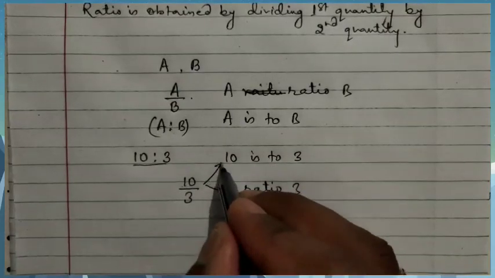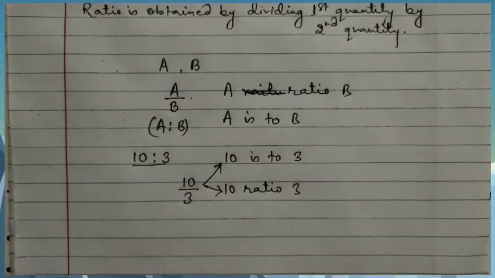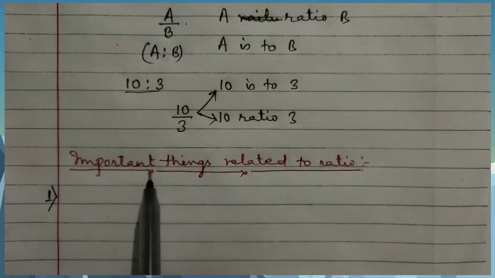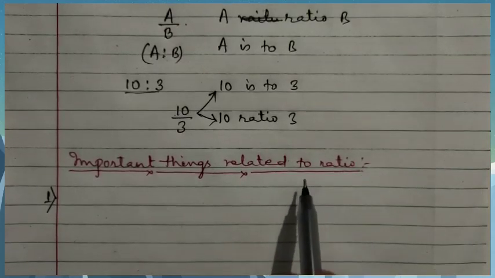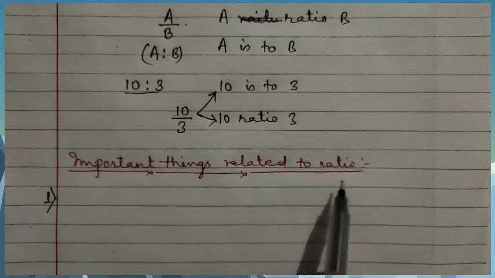Now there are certain rules which we have to follow with ratio. Next we will see important things related to ratio, the things we have to keep in mind while solving problems of ratio.